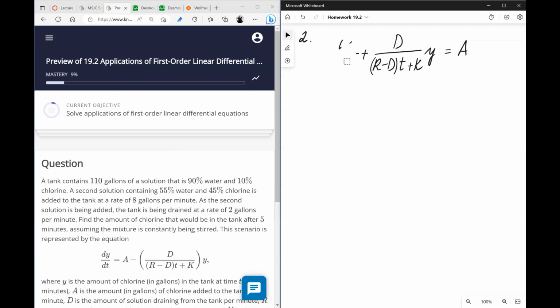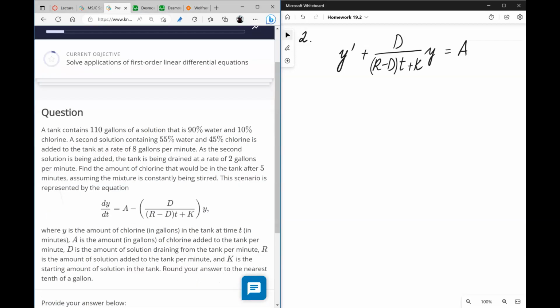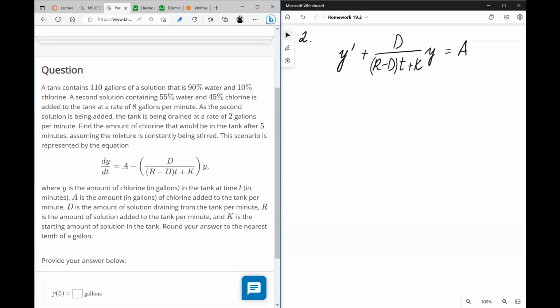And we now need to carefully read the problem and identify all the ingredients here. And let's see. So A is the amount of chlorine added to the tank per minute.